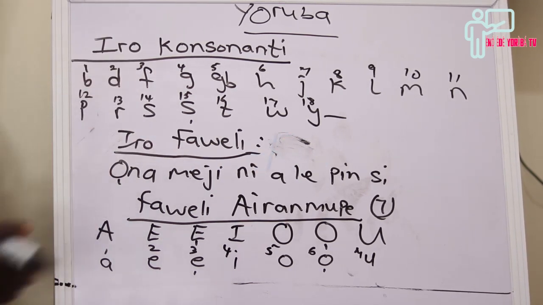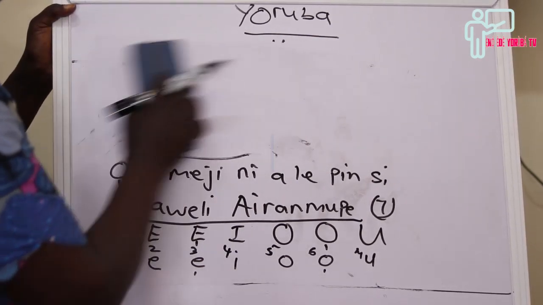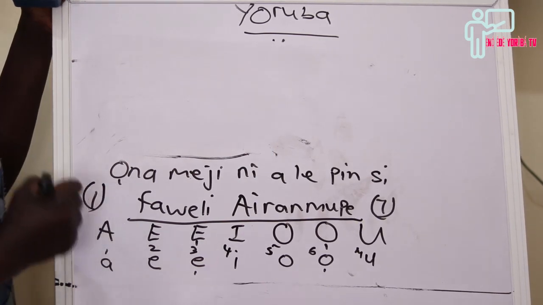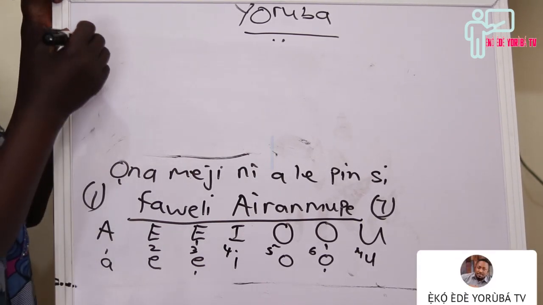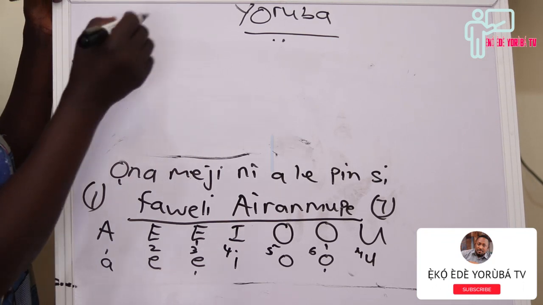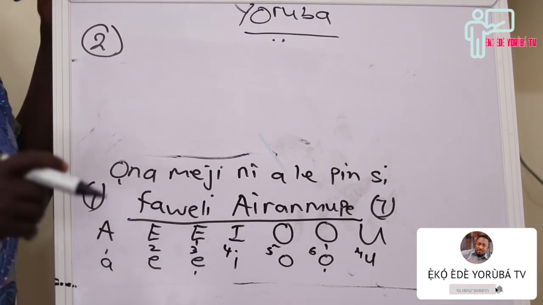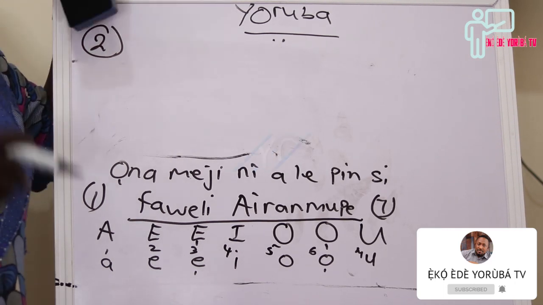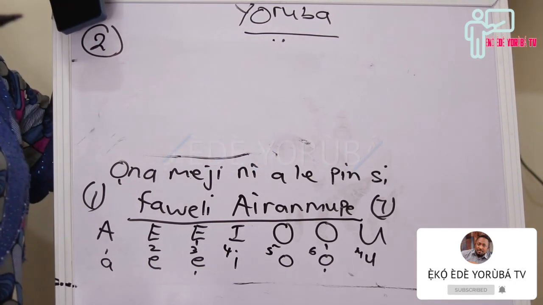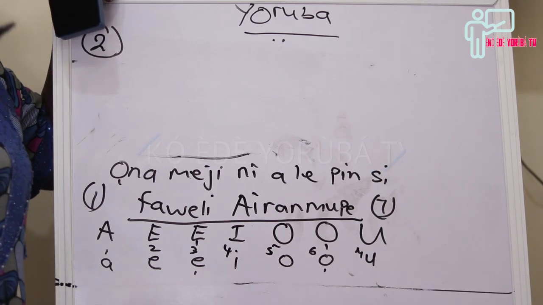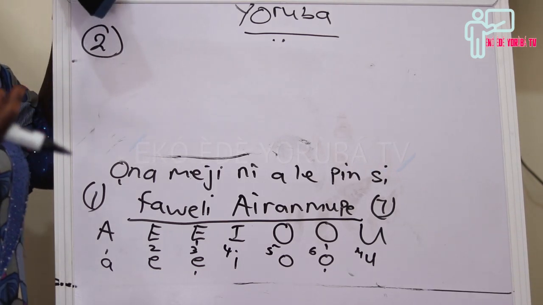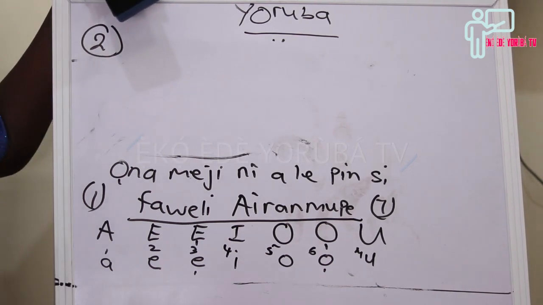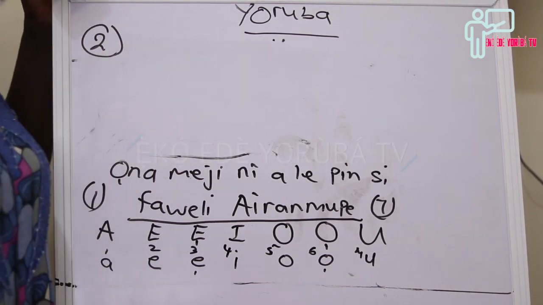I will write it down now. So we call this one number 1, abi. So this one will now be 2. We call it Faweli Àìránmúpè. You will talk as if you have the symptom of catarrh, that maybe the mucus is inside your nose or your throat.